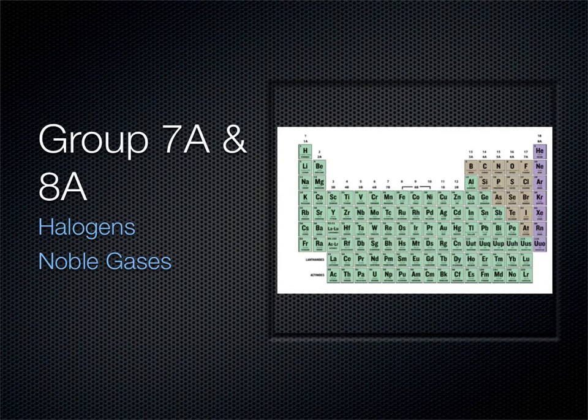Okay, our last 2 groups, when we're talking about these representative ones, are groups 7A and 8A. Group 7A are the halogens, group 8A are the noble gases. Now make sure that you know we've named basically 4 new names. 1A, those were the alkali metals.